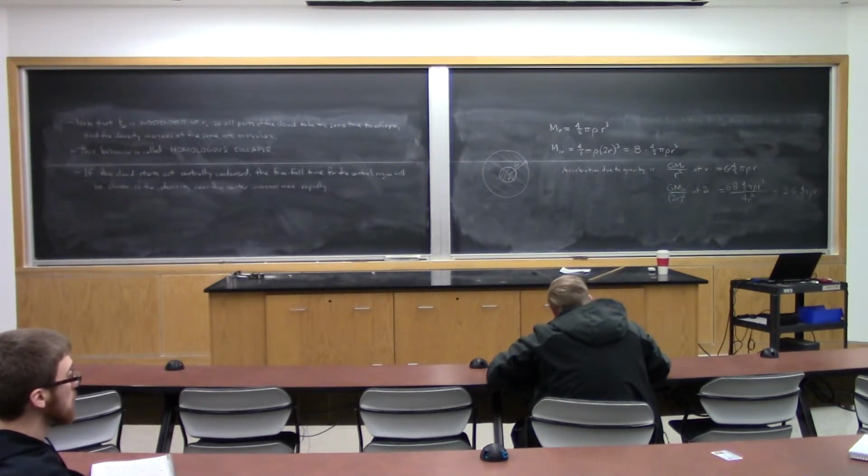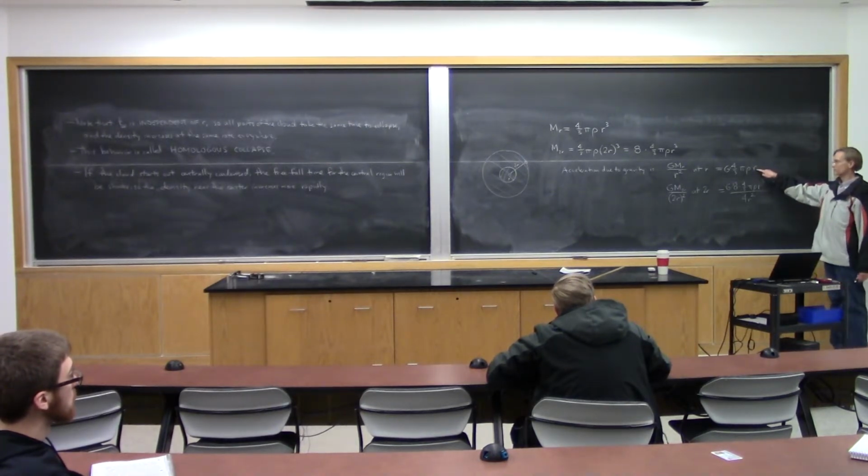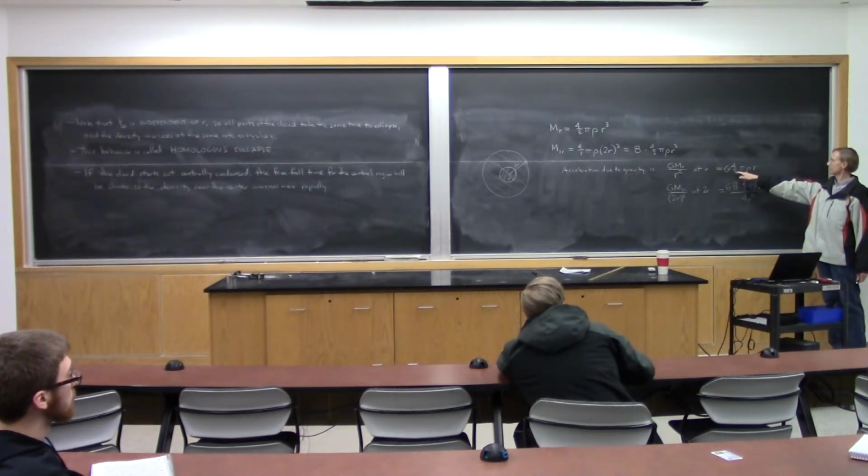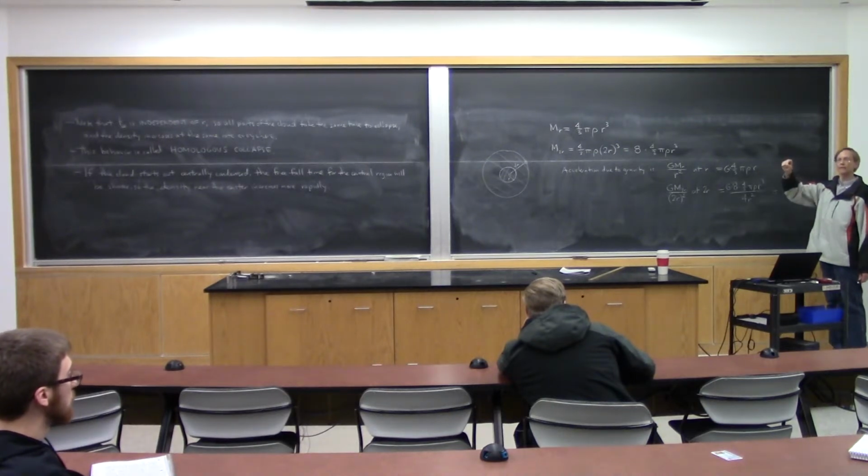So if you're twice as far, the acceleration is twice as big, which I really could have gotten from this relation right here, from the beginning. At radius r, the acceleration is G times 4/3 pi rho r. So if you double the radius, the acceleration is twice as big. If you triple the radius, it is 3 times as big. The acceleration is proportional to your distance from the center of the cloud.